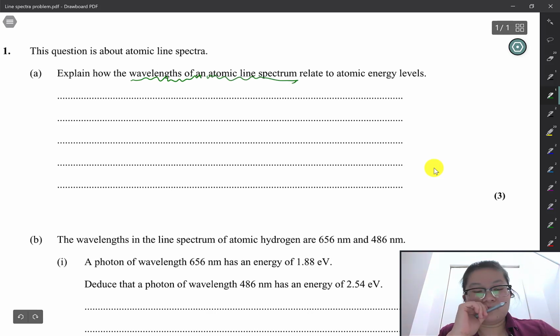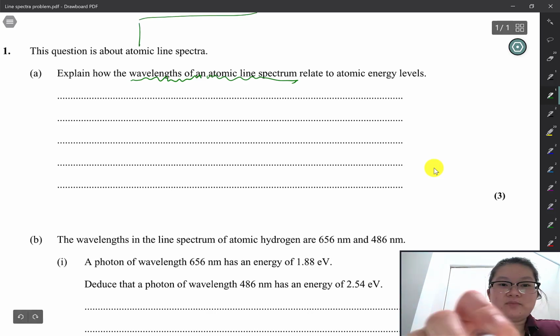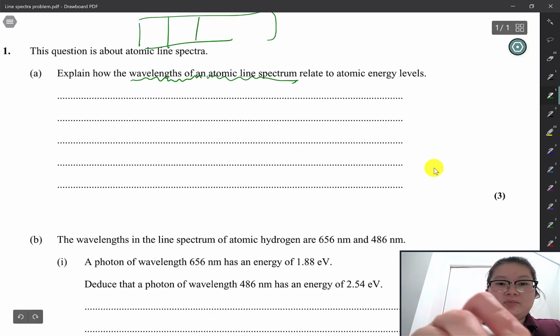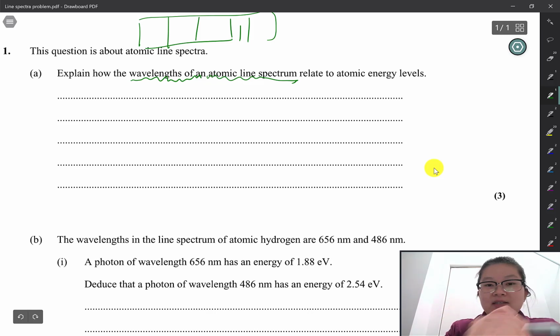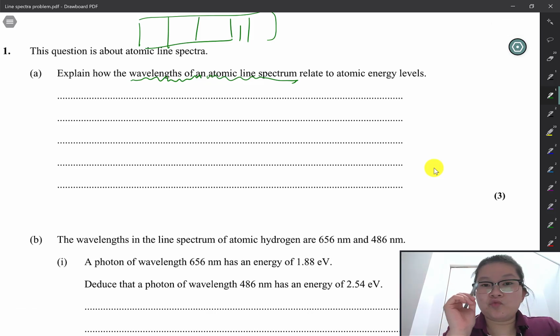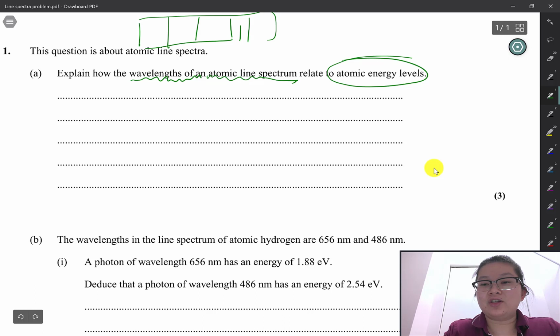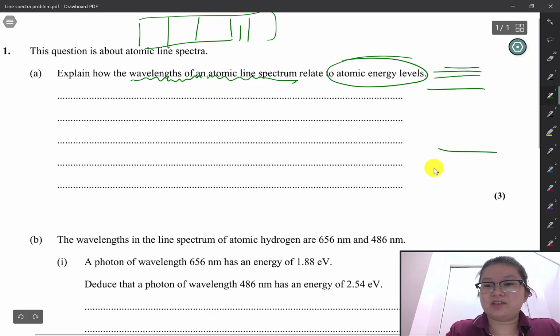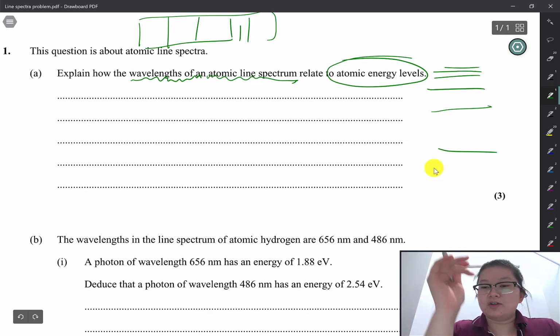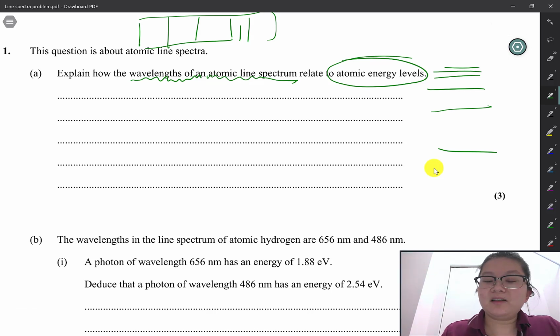So this is the spectrum that you see, and you only see some specific lines, and you want to relate that to atomic energy levels. So these are the atomic energy levels you expect to see maybe for hydrogen. You want to make that link.